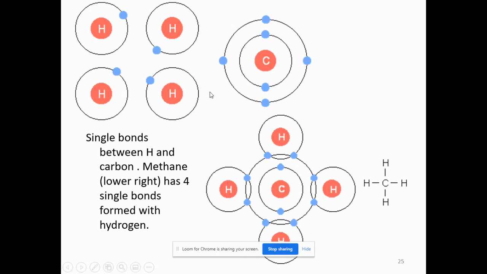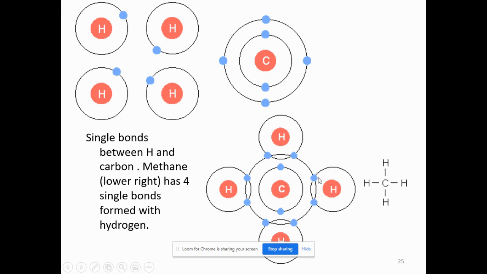All right. So it will interact with 4 atoms of hydrogen. Each one being a single covalent bond to form what we call methane. So methane has 4 single bonds between a carbon molecule and 4 hydrogen molecules.